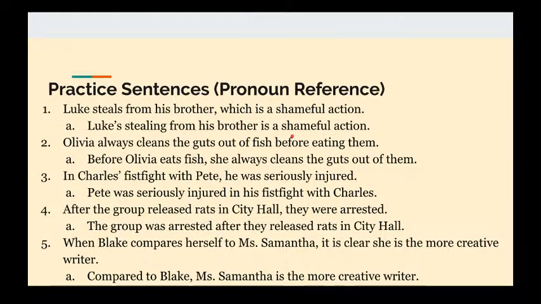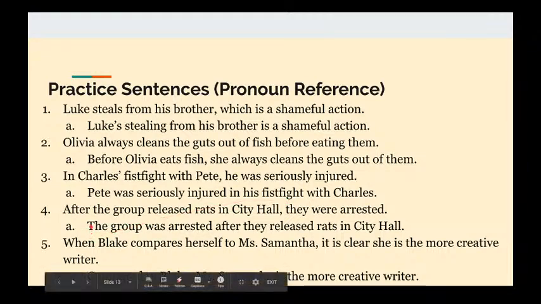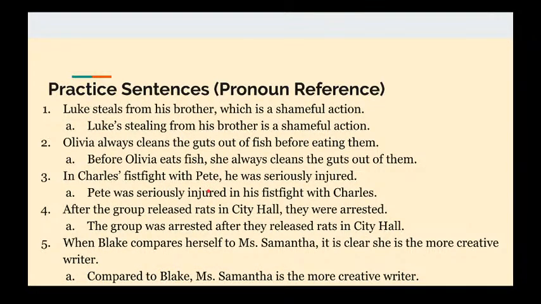If we put the name first and say who directly was seriously injured in the fistfight with Charles, then we know what happened between the two, and there's no confusion if we get rid of the pronoun.